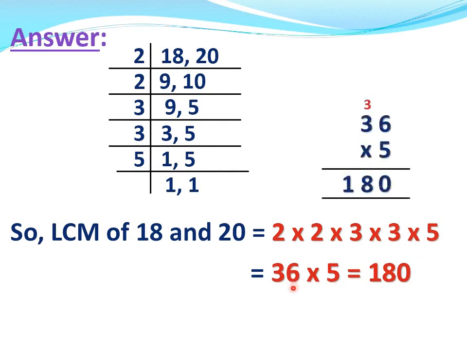Now multiply 36 and 5. See, 5 6s are 30, 0, 3 carry; 5 3s are 15, plus 3 is 18. 36 multiply 5 equals 180. Write here 180. 180 is the LCM of 18 and 20.